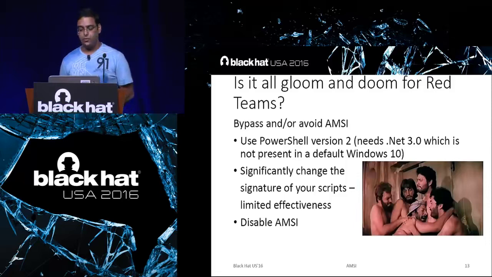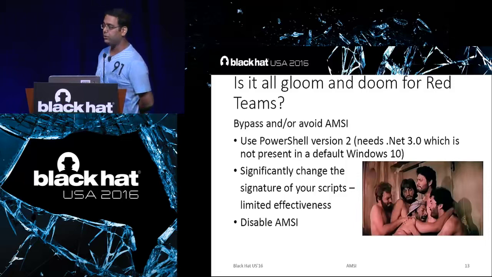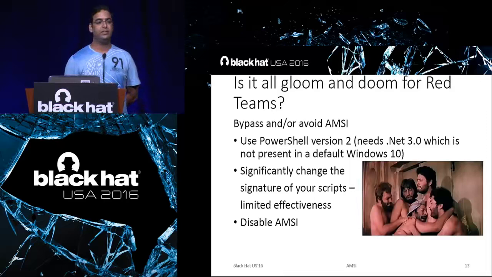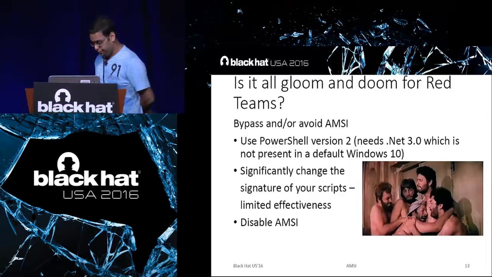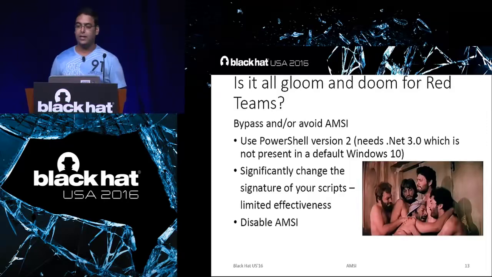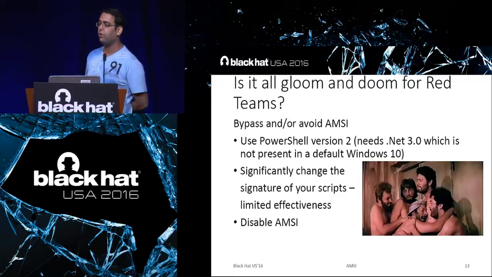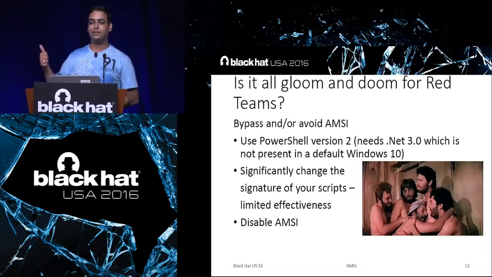The only drawback is that it needs .NET 3.0, which does not come enabled or installed by default on Windows 10 boxes. I have seen a couple of Windows boxes in enterprise environments during my penetration tests. Many times there is .NET 3.0 installed for, what's the one word which makes Microsoft's products suck security-wise?